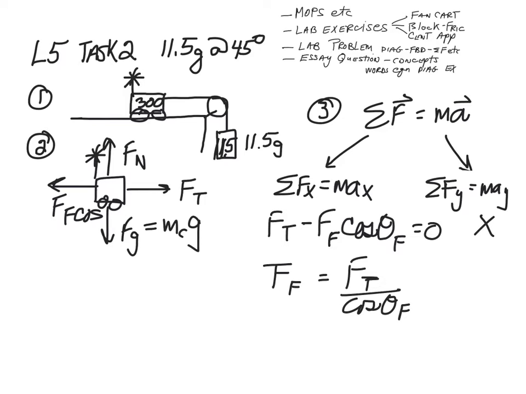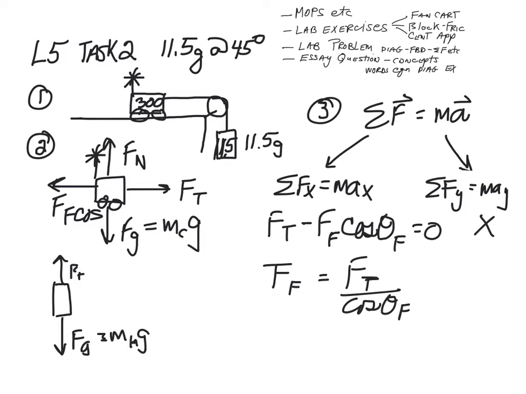But if you're showing all your work, you do need to do a free body diagram of the hanging mass, with the Ft and the Fg, or m for the hanging mass times g.